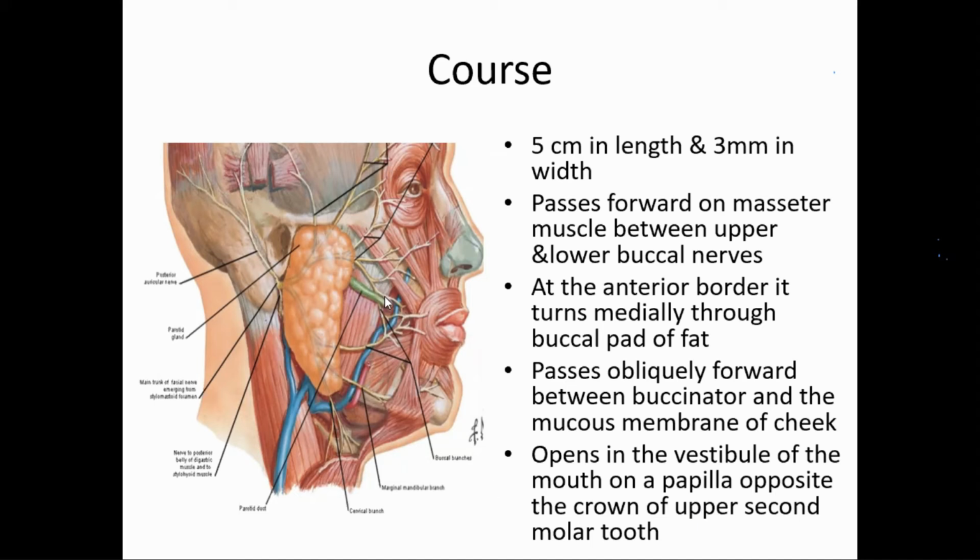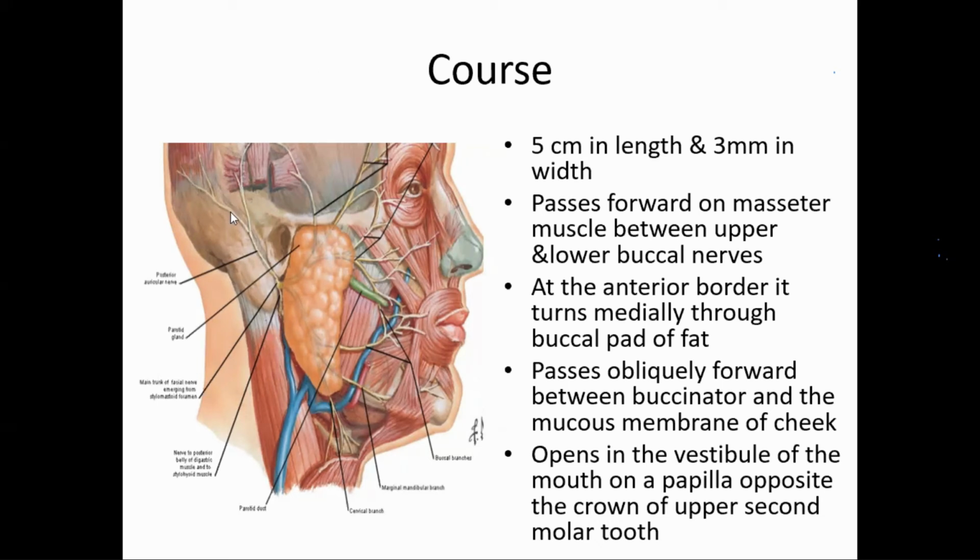So this is the course of the parotid duct or Stensen's duct. From this diagram, the course is clearly shown. First, it arises from the anterior border of the parotid gland. Then it rests on the masseter muscle. It runs forward, and at the anterior border of the masseter muscle, it turns medially and pierces the buccal pad of fat.